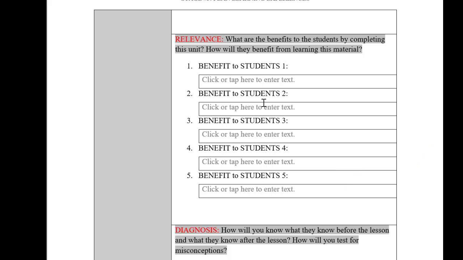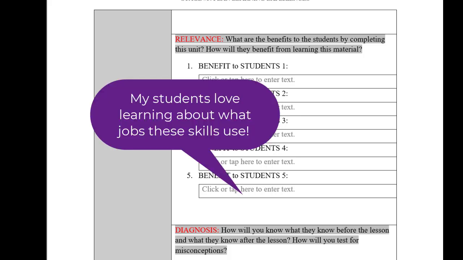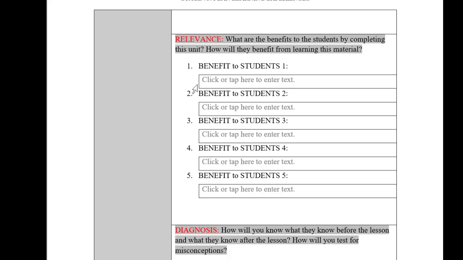So go ahead and outline here, what are the benefits? Some of my examples here were more than just next year you're going to need this skill. What in life are they going to be using this skill to do? How will this help them in their future career goals, maybe? Even though I have third graders, they still have dreams. They still have goals, and they recognize that.